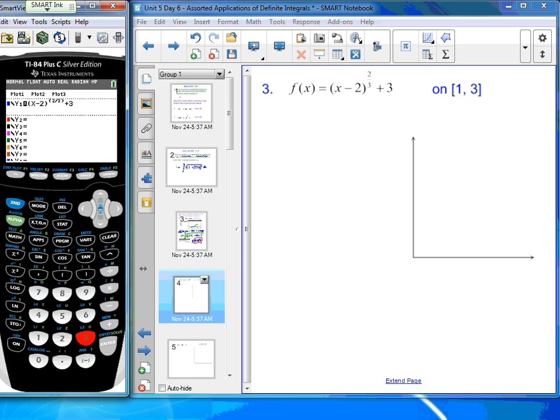And 1 to 3. So I'm going to go ahead and do maybe negative 2 to 5. We'll see what we can see here. So we're just talking about this little portion there. So I'm going to go ahead and shrink my window a little bit. I'm going to go from negative 1 maybe to 6.